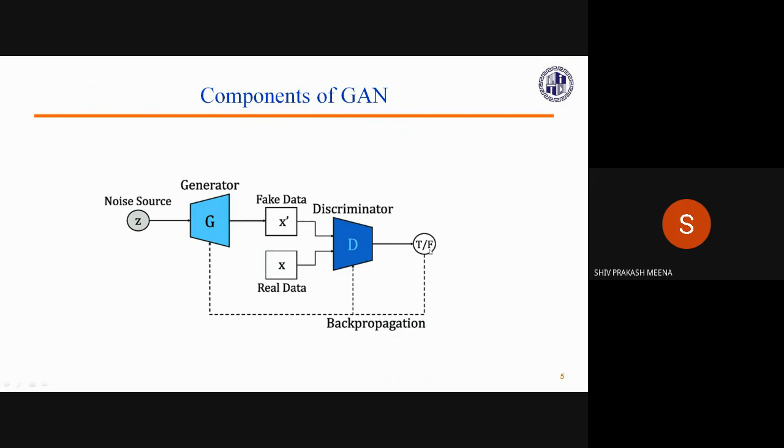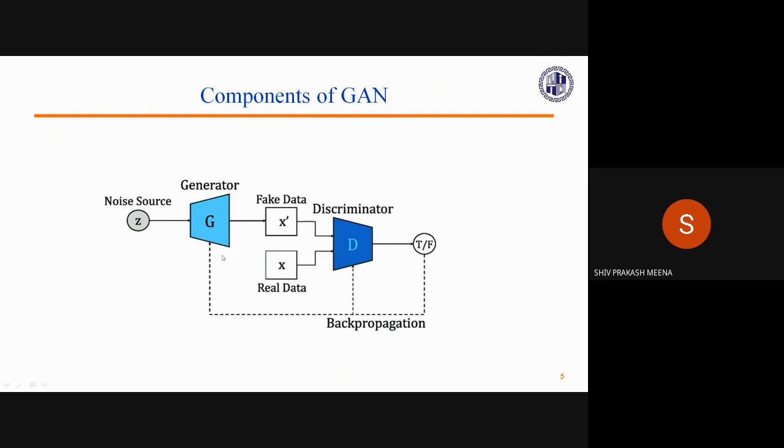On the basis of that output, it will provide some feedback, or we can say backward propagation, to the generator. Obviously, it will provide feedback to the discriminator as well, but it will provide some feedback to the generator.